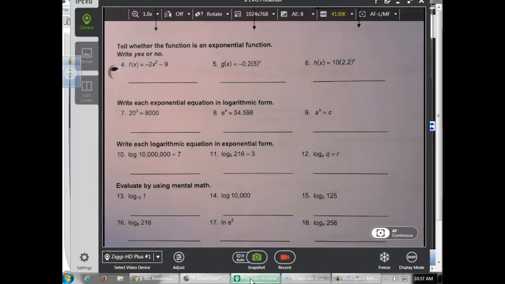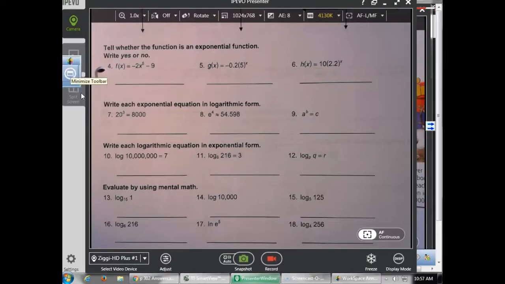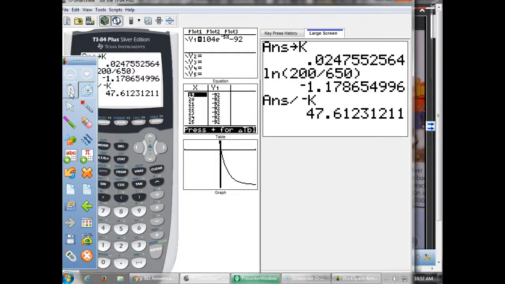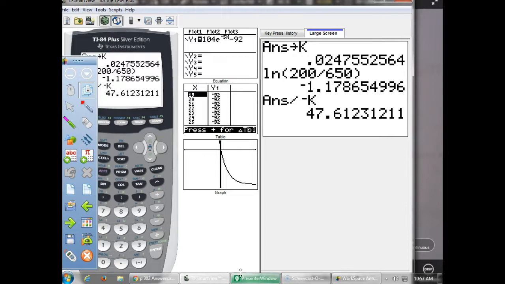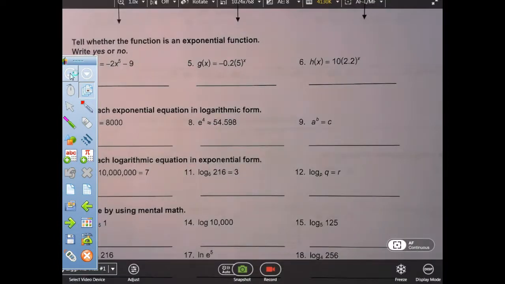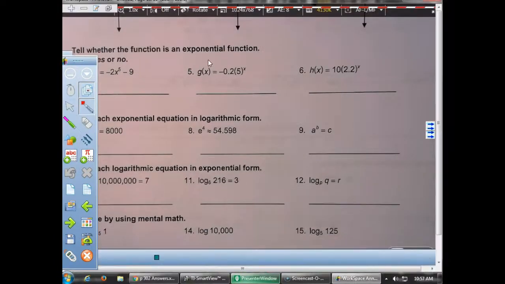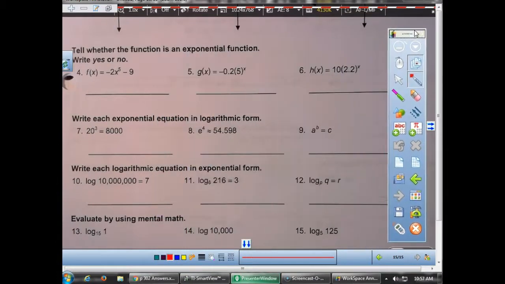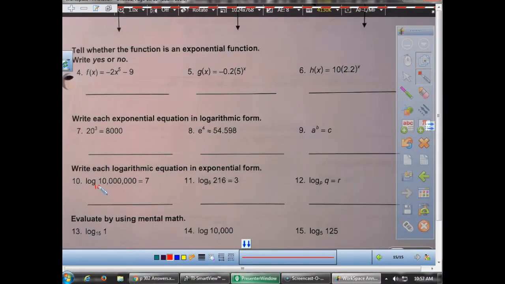So for ones like that, you have a base of 10, it's just going to be 10 to the 7th is equal to, so you're just rewriting this. And that is right because you have 7 zeros. So that's just rewriting.